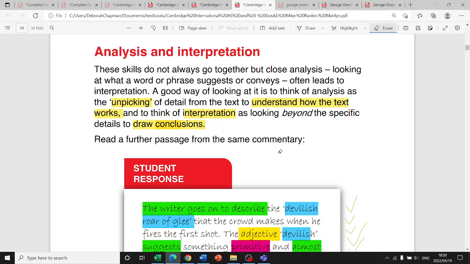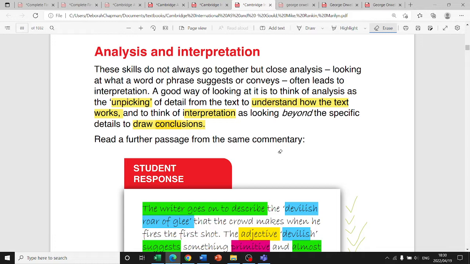Remember all of those things from the very beginning, those structural devices, all of the language devices we've spoken about so far in the unit: form, voice, language, viewpoint. All of these are part of what we need to do to prepare for writing our analysis.